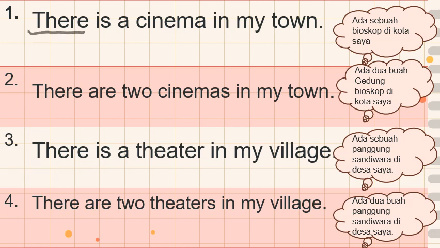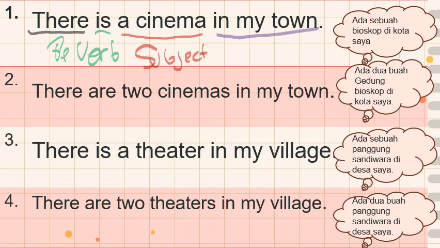There is, a be verb. A cinema is a subject. And in my town is a location.